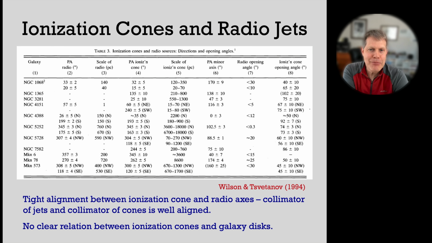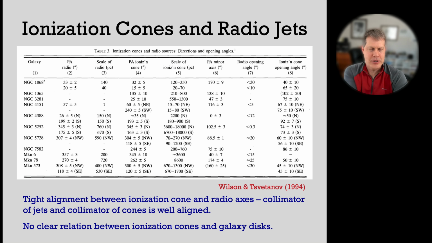There's internal alignment of them that is enforced remarkably well, given how complicated and messy these systems surely have to be. There's an underlying structure there that seems to be enforced pretty well, just empirically. Also interesting, there is no clear relation between the ionization cones and the overall orientation of galaxy disks. So in other words, there's no reason to think that just because a galaxy has an alignment a particular way, the supermassive black hole is going to be orbiting and the accretion disk is going to be orbiting in a way that's aligned with the orbits of the stars in the disk.